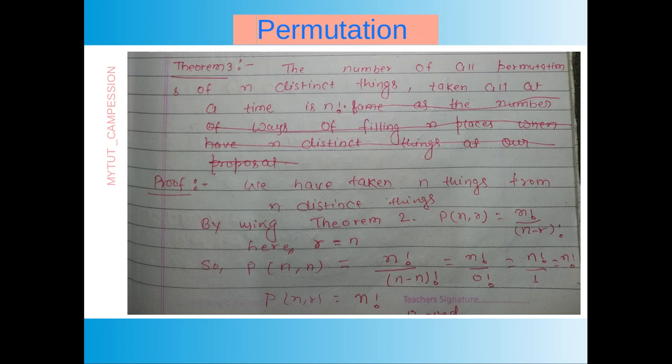Now n factorial divided by (n minus n) factorial equal to n factorial divided by 0 factorial equal to n factorial divided by 1, because the value of 0 factorial equal to 1. So n factorial. Hence the number of all permutations of n distinct things taken all at a time is n factorial. Remember it.